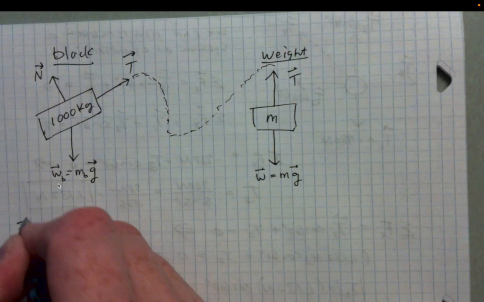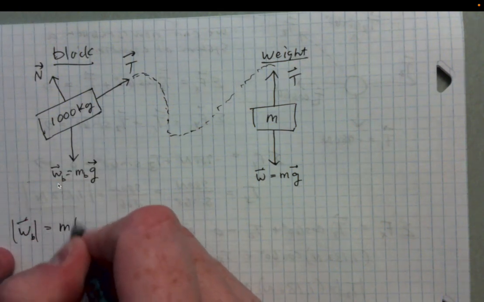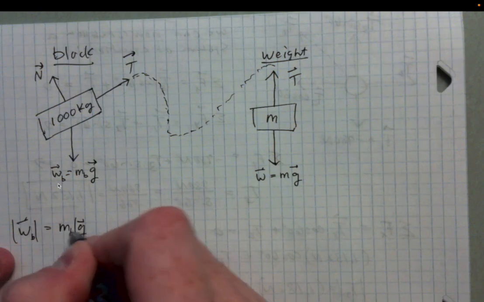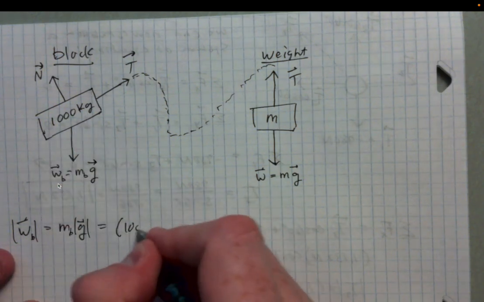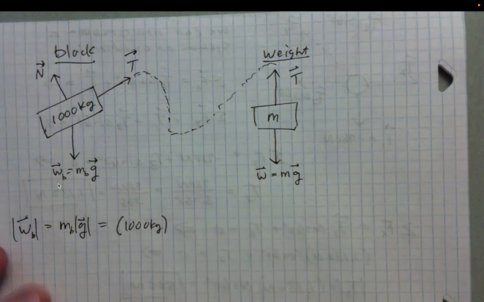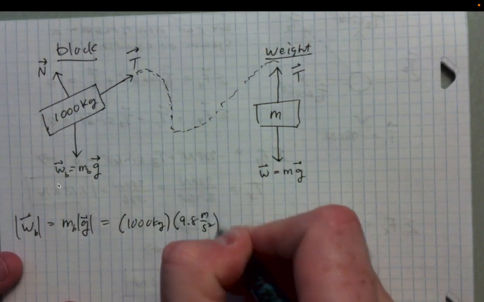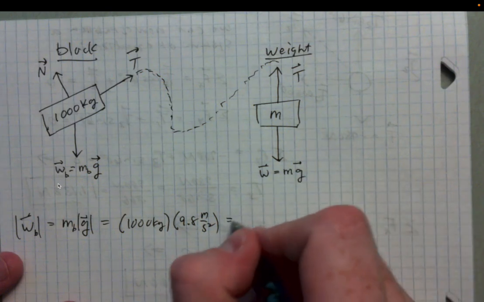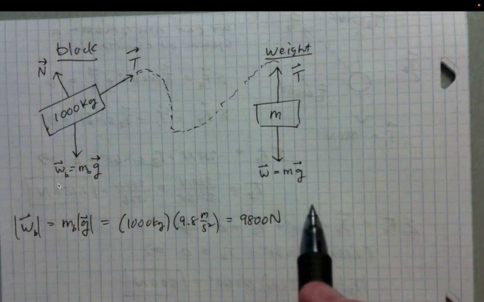So W sub B, let's take the magnitude, is equal to M sub B times g, which we're told the thing has a mass of 1,000 kilograms. Nice round number. And it's multiplied by 9.8 meters per second squared, and so we get 9,800 newtons. Kind of a heavy block. Okay.